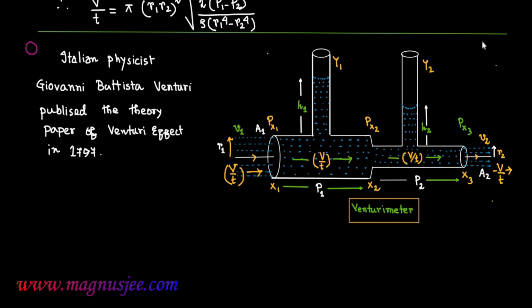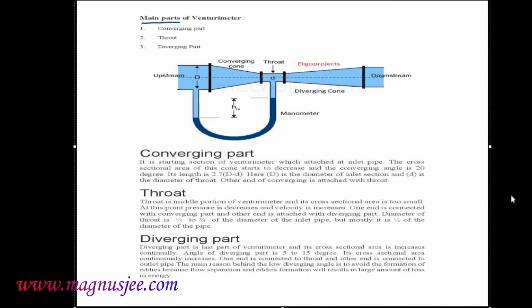Italian physicist Giovanni Battista Venturi published the theory paper of Venturi effect.